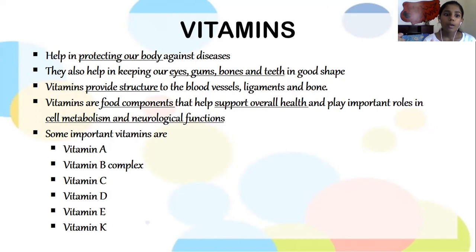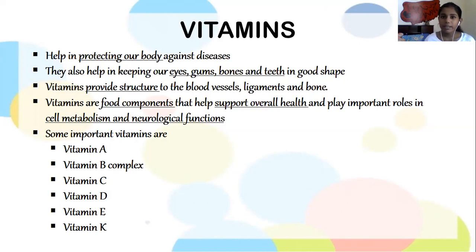Vitamins are one such component of food, and they help support the overall health of the body. They also play a role in cell metabolism, the production and growth of cells, and neurological functions. What are neurological functions?